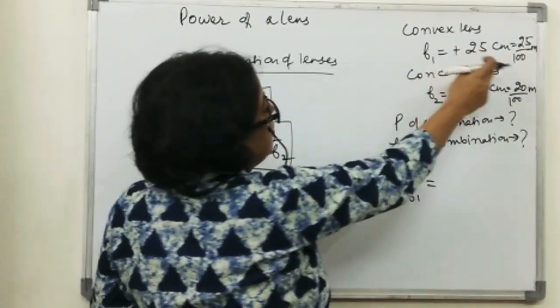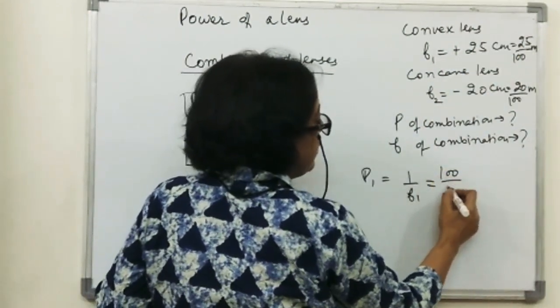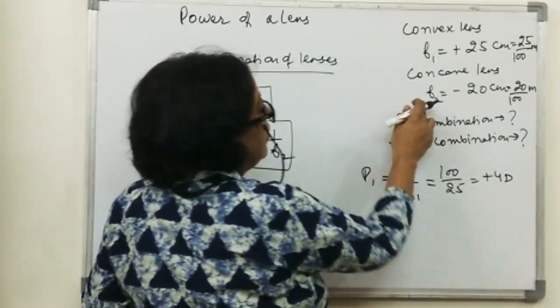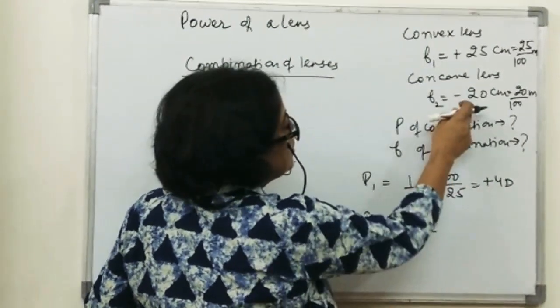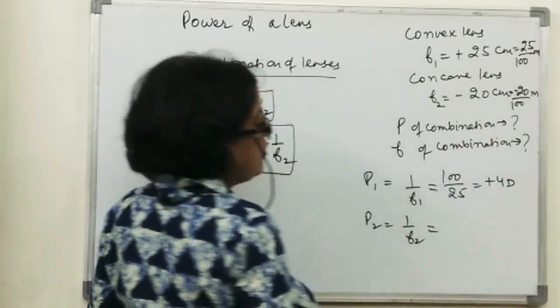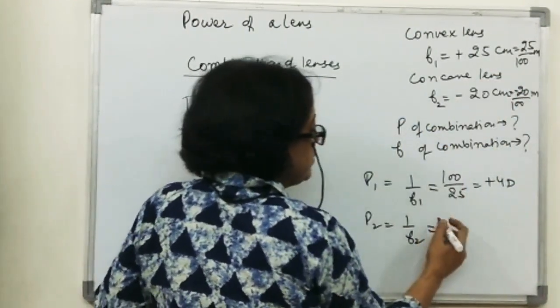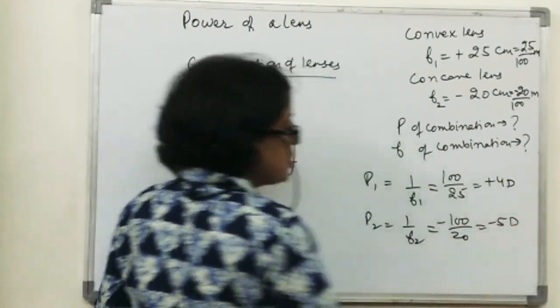So 1 by f1, if I have to do 1 upon this, means reciprocal, that is 100 upon 25, that is plus 4 diopters. Similarly, P2 will be 1 by f2, which will be, this is minus because it is a concave lens, 1 upon this, that means reciprocal, which is 100 upon 20, minus 5 diopter.